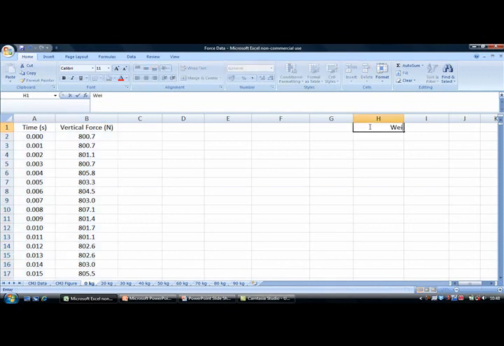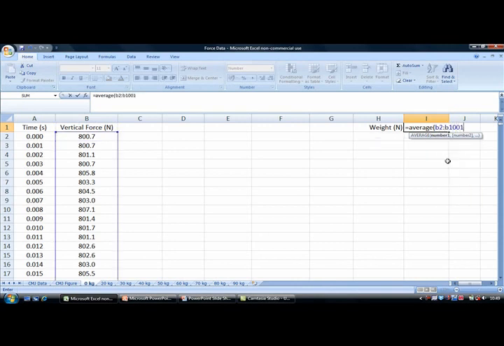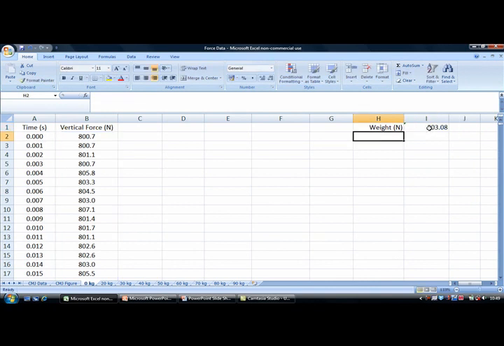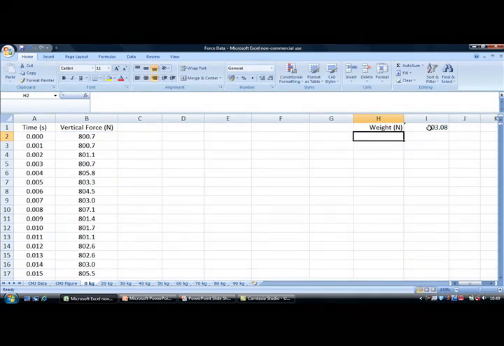And the best way to do this, as we made sure the athlete was standing still for at least the first second of every trial, is to calculate the average of the first 1,000 force data samples. So the average from B2 to B1001, because this is sampling at 1000 Hertz, 1000 frames equals 1 second, so averaging these 1000 values will give you hopefully an accurate estimate of our weight in newtons.